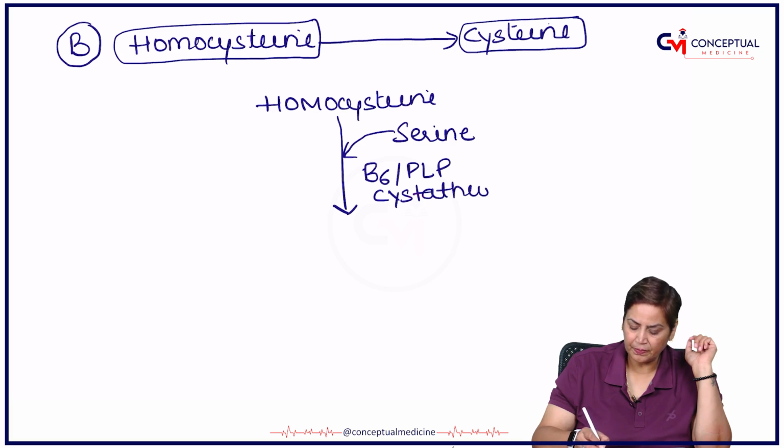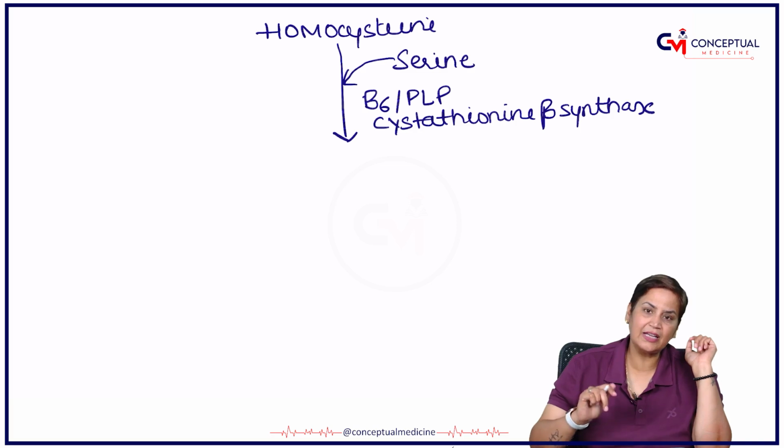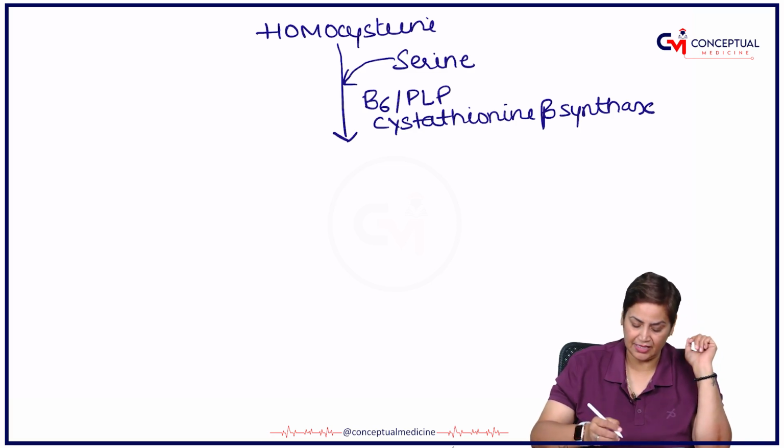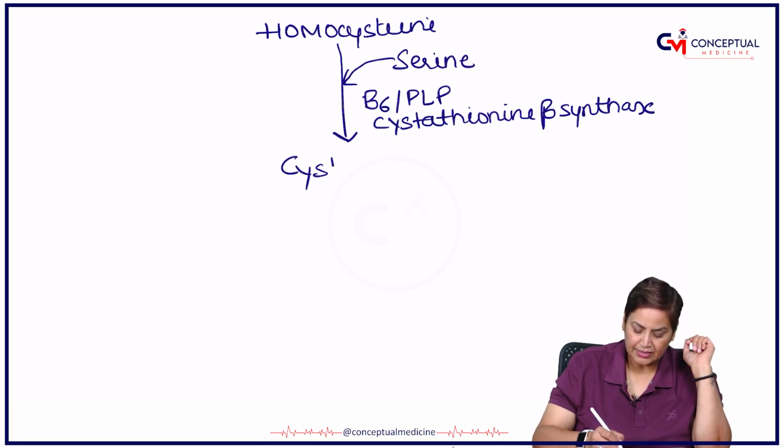cystathionine beta synthase. So homocysteine, when it combines with serine in the presence of cystathionine beta synthase, it is going to form cystathionine.